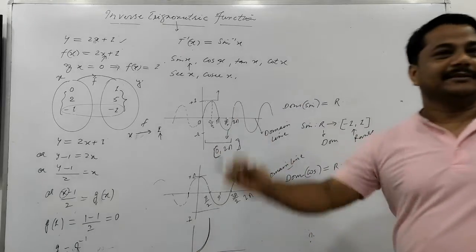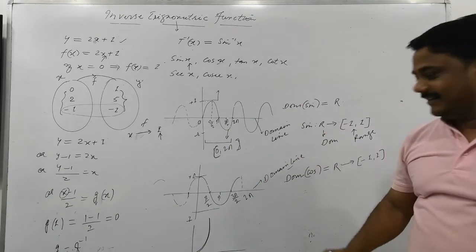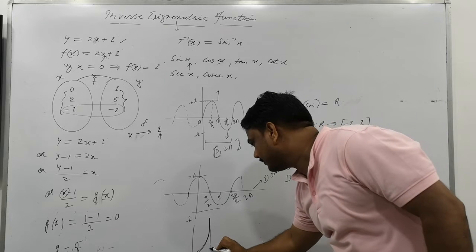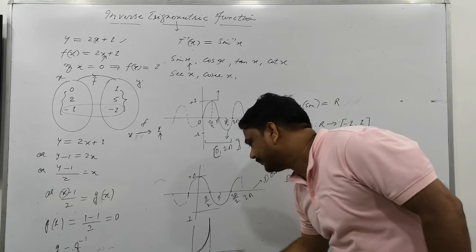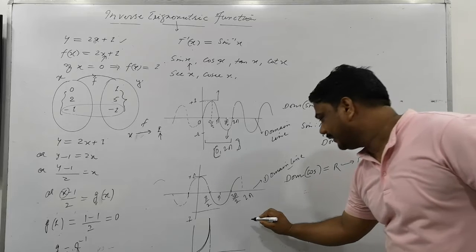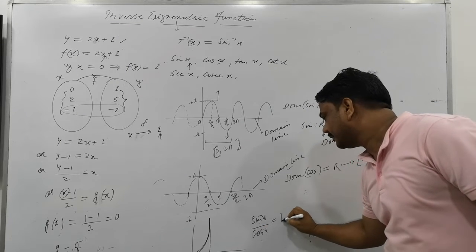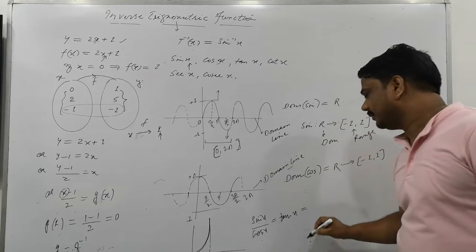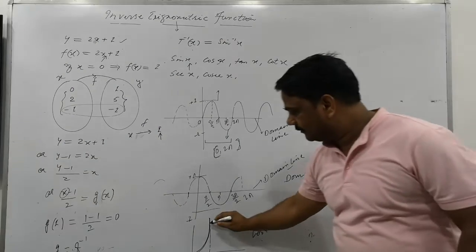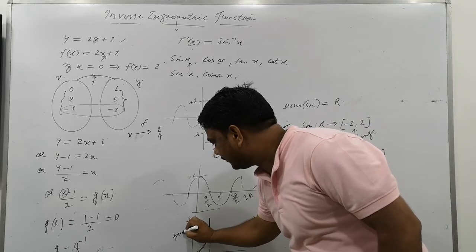At pi by 2, tan is sine by cos, and x is 90, so the function becomes parallel to the axis. This is the range.